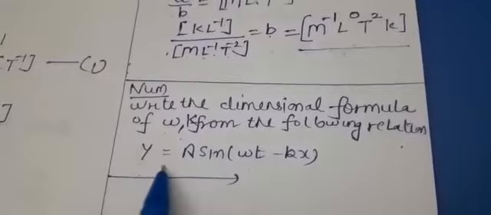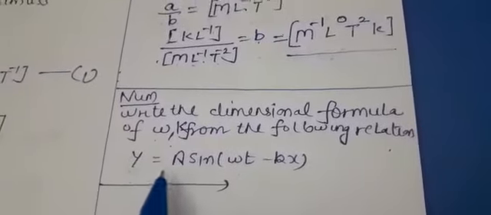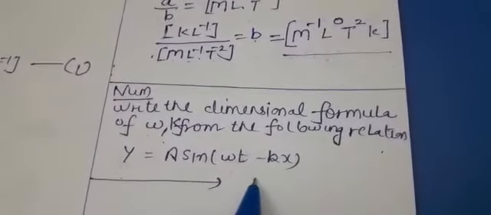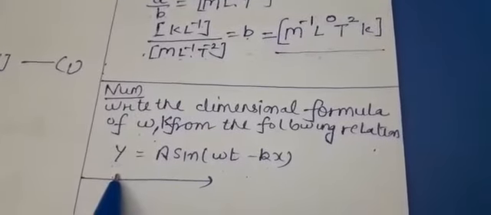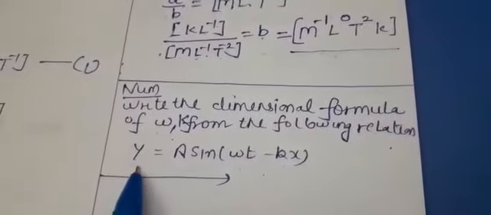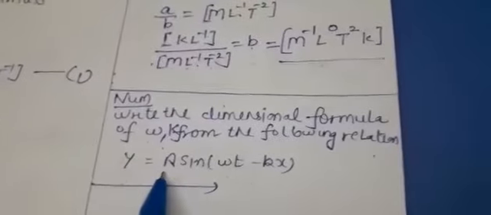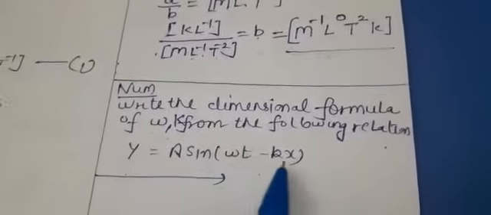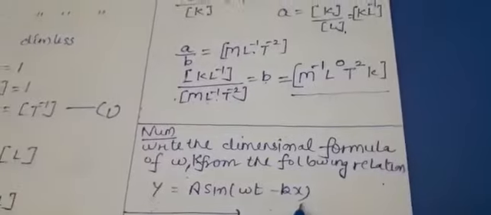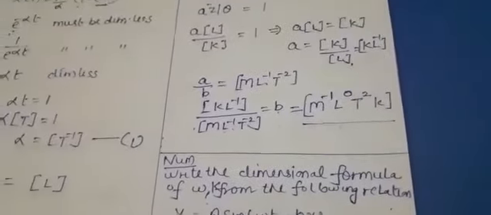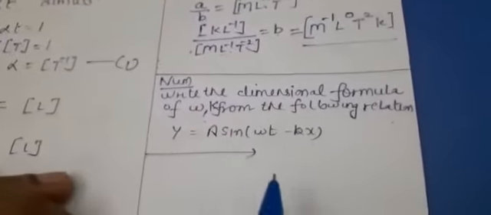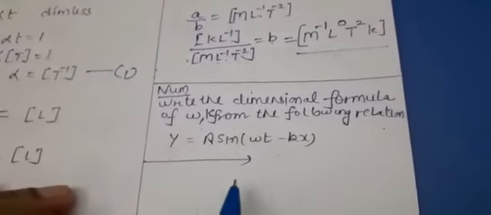If you remember, we have used this kind of relation in checking the correctness of physical relations. Sometimes specifications are not given, because y is simply displacement, a is amplitude, t is time and x is distance. Many times in this kind of numerical, these basic specifications will not be given. So here, how to proceed?